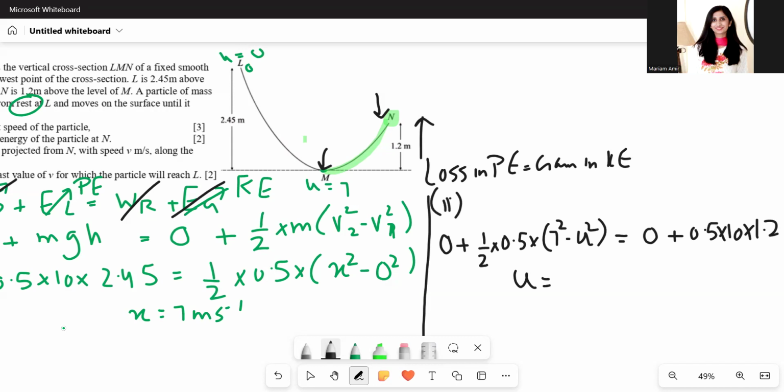If I make u the subject, it comes out to be 5. But the question is asking the value of kinetic energy at N. So we have to do half m 5 squared, which comes out to be 6.25 joules.